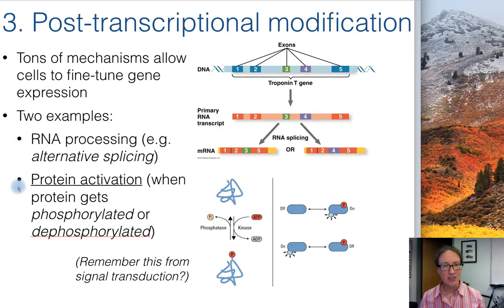And then in addition to that, protein activation itself is another mechanism for regulation of the processes associated with gene expression. And that typically happens when a protein is either phosphorylated or dephosphorylated. And we did see an example of this, proteins getting activated through phosphorylation, earlier on when we were talking about the process of signal transduction.